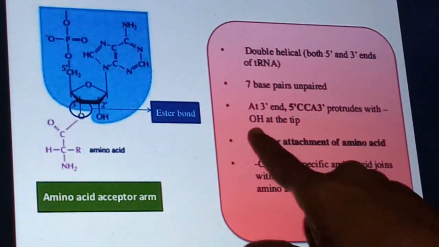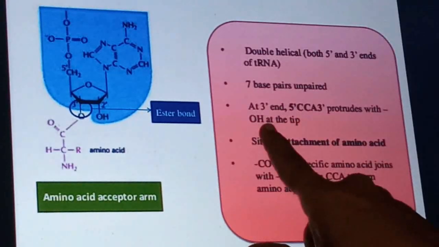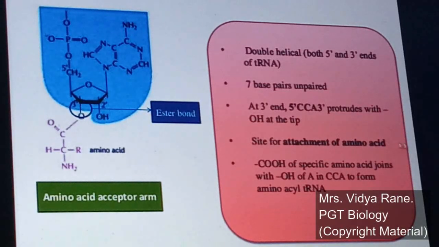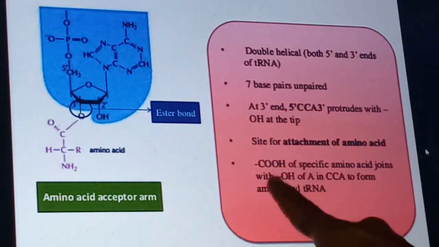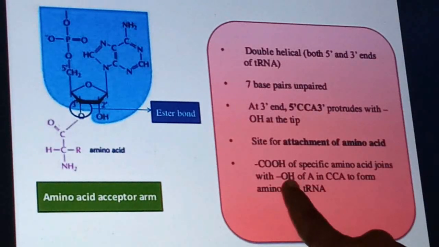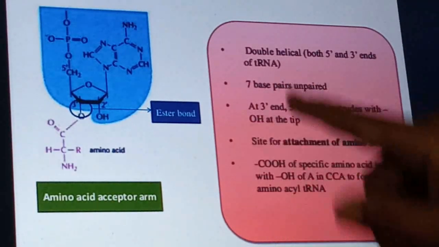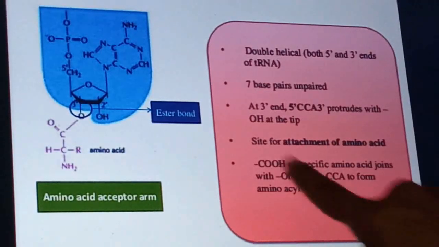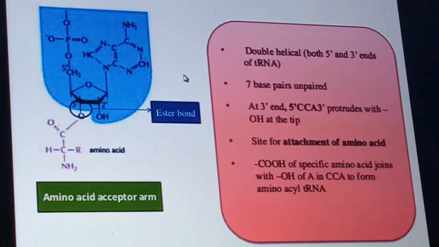This has an OH group. On this OH group the attachment of the amino acid takes place, and the amino acid's COOH group is joined with the OH group of adenine in the CCA, and aminoacyl tRNA is formed. So this is the structure of the tRNA, where we have seen all the loops.